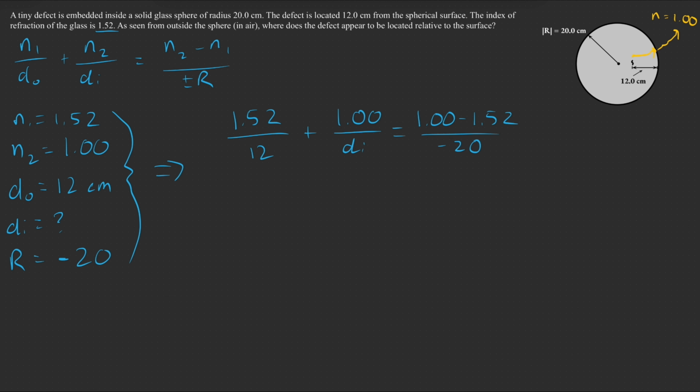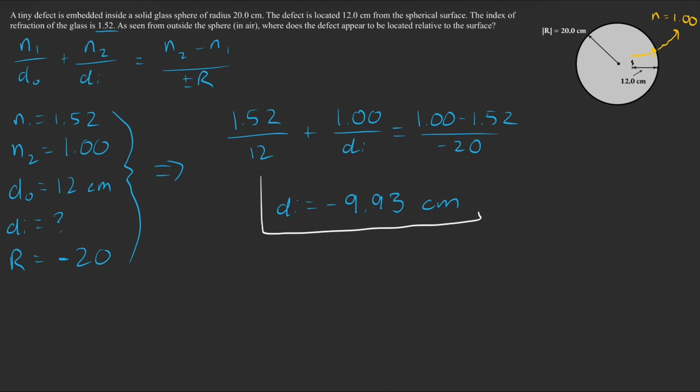Now, if we do some algebra, we'll get that DI is, let me do this in the calculator, 1 minus 1.52 divided by negative 20 minus 1.52 divided by 12, inversed. We get that DI is equal to negative 9.93 centimeters.